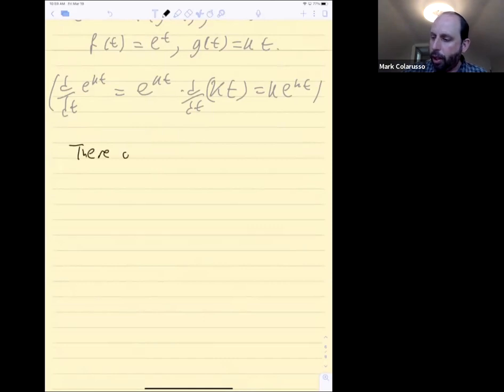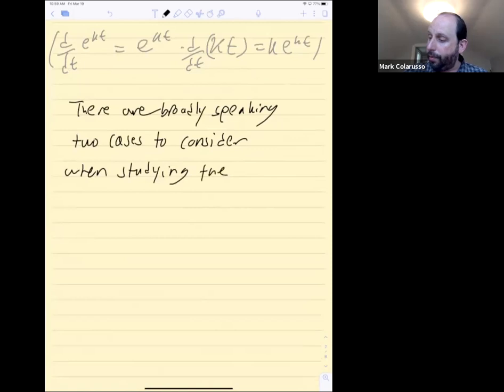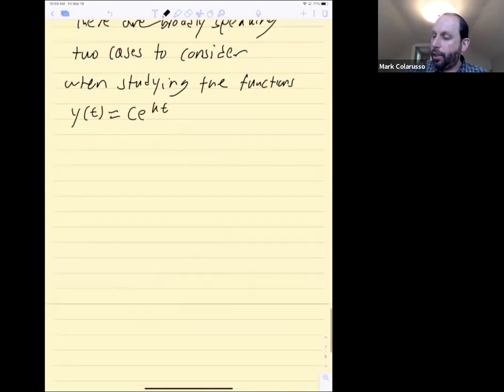So there are two cases to consider when studying the functions y of t equals c e to the kt. It depends on whether the function is increasing or decreasing.